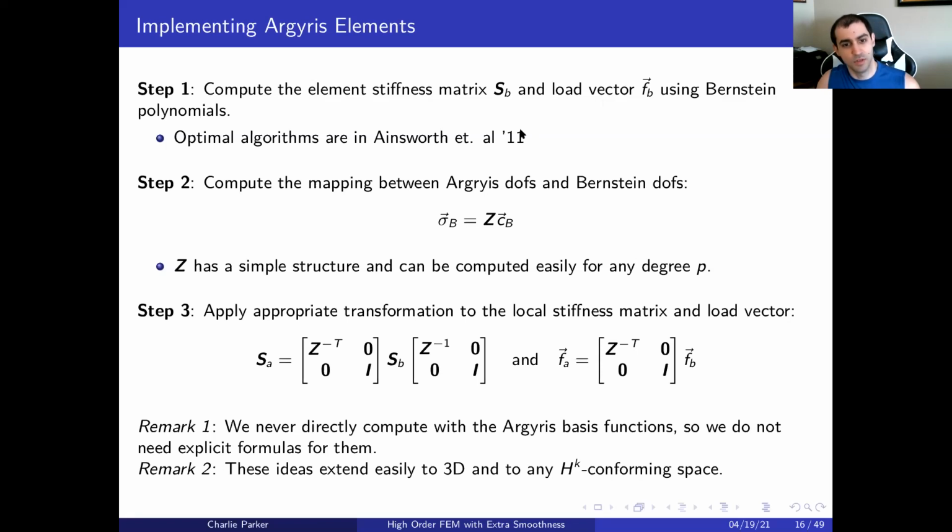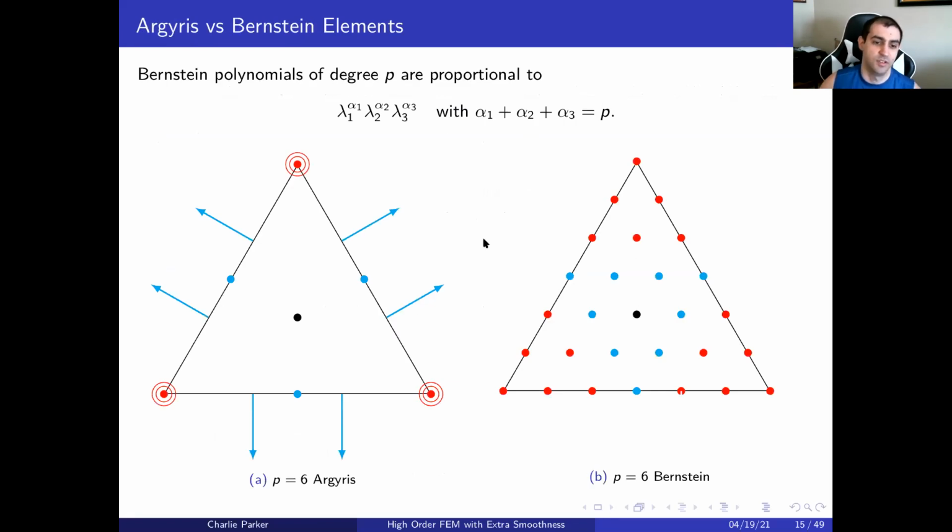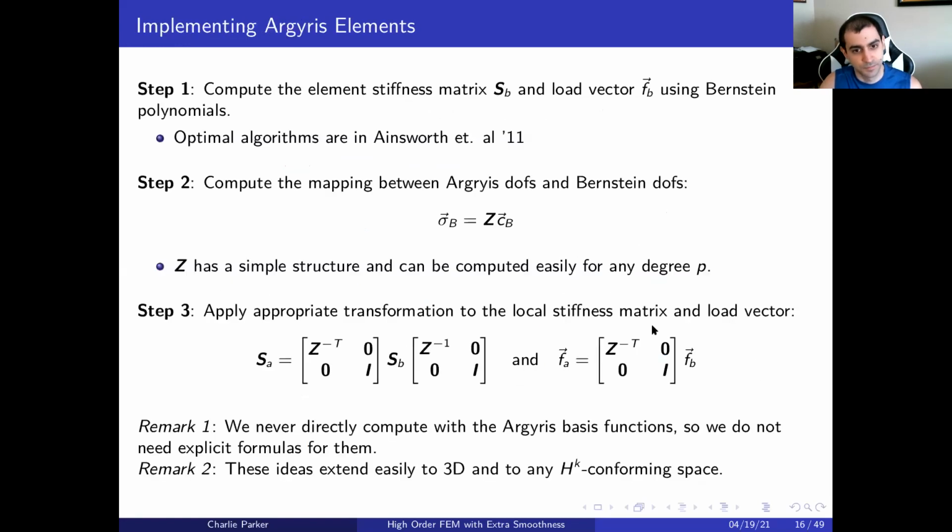Then you can compute this essentially as a change of basis. You map the Bernstein degrees of freedom to the Argyris degrees of freedom, but you only need to do this on the boundary. If we go back, you see they share the same number of interior degrees of freedom, so we don't need to use point-wise evaluation on the triangle as indicated on the left. We can just use the Bernstein degrees of freedom for the interiors.